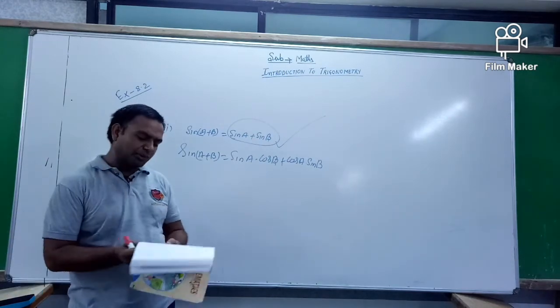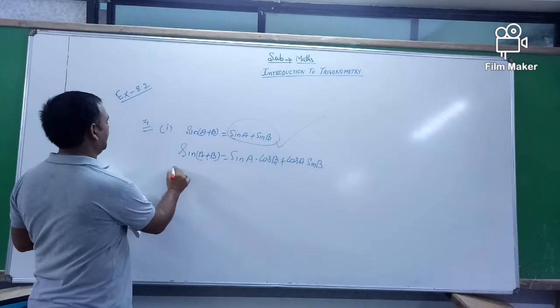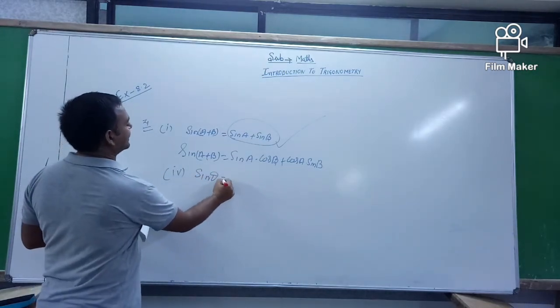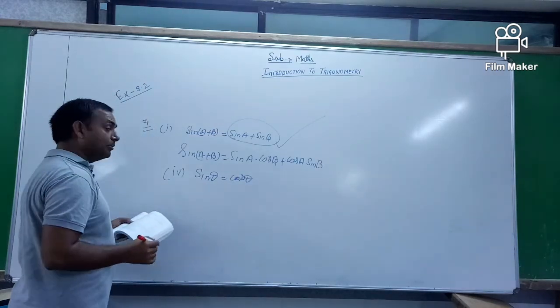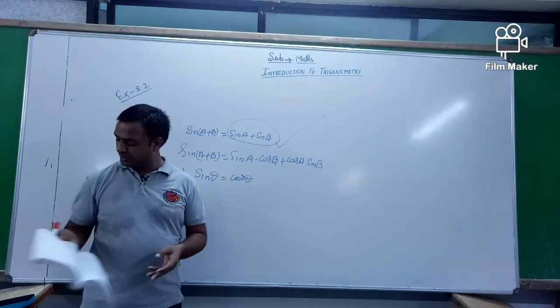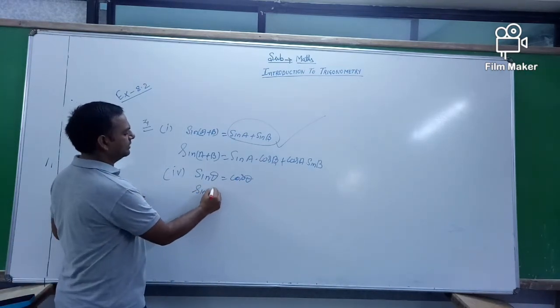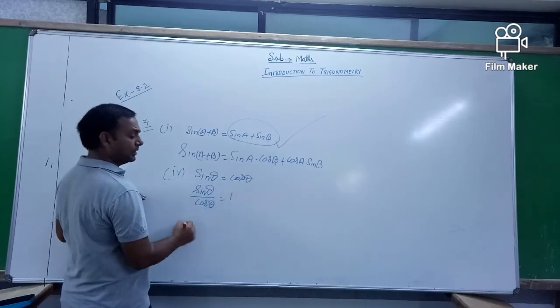Okay, next question, question number 4: sin theta is equal to cos theta for all values of theta. Here sin theta upon cos theta is equal to 1.